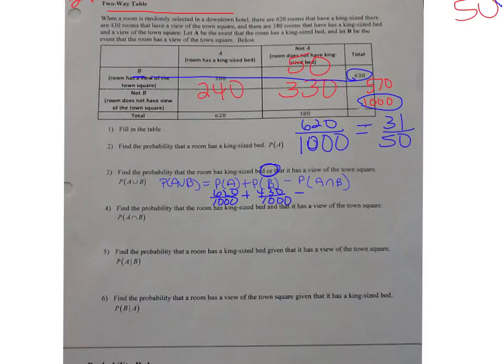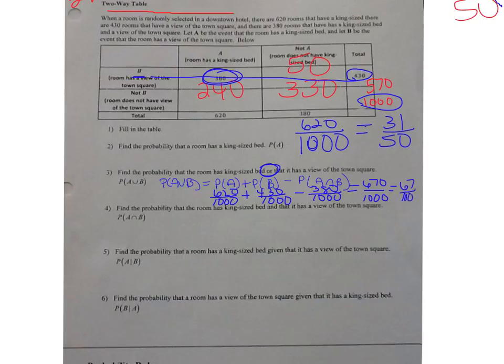So that would be the probability that you have a king-size bed and a view of the town square. That's right here, 380 over 1,000. Okay, so you can plug that in your calculator. You get 670 over 1,000 or 67 over 100.